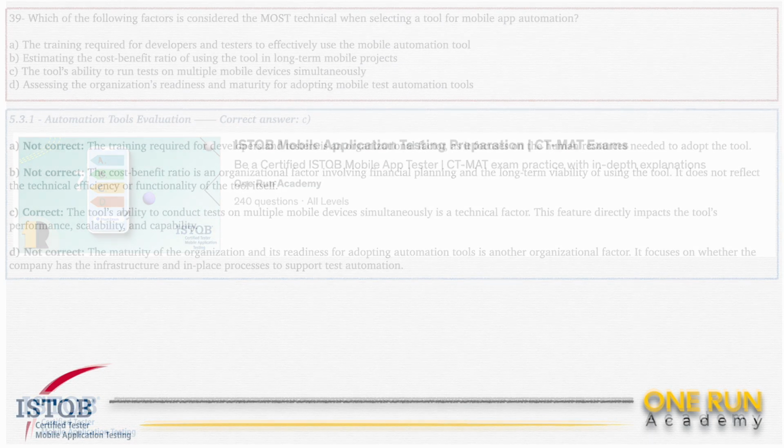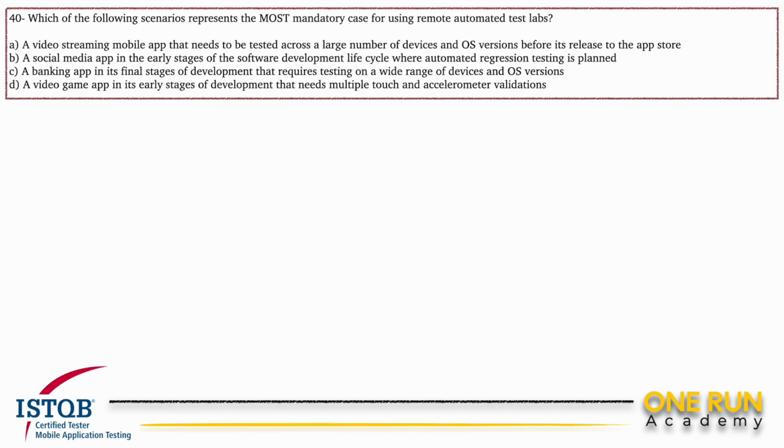Now, let's take a look at question number 40, which says, which of the following scenarios represents the most mandatory case for using remote automated test labs? A. A video streaming mobile app that needs to be tested across a large number of devices and OS versions before it's released to the App Store.